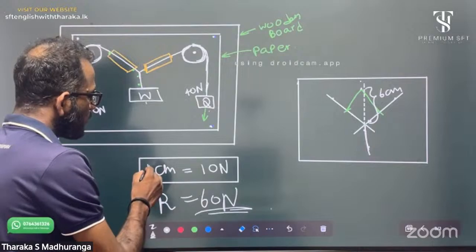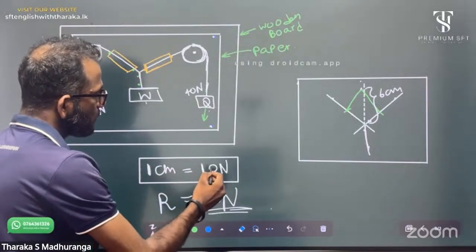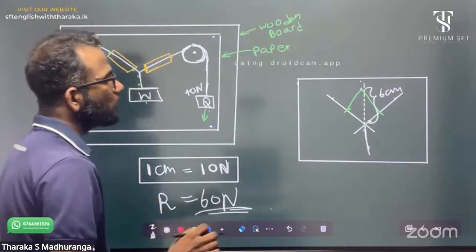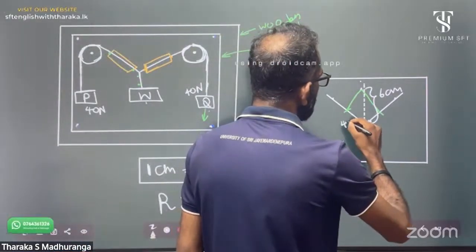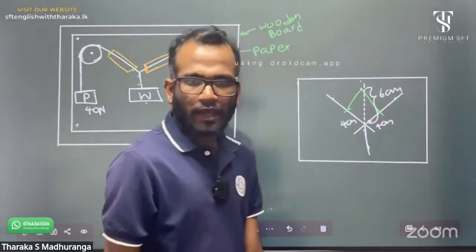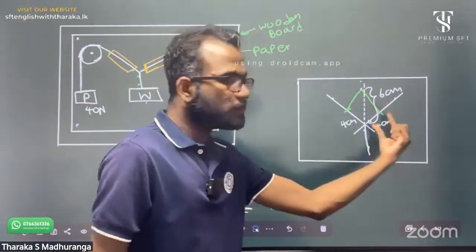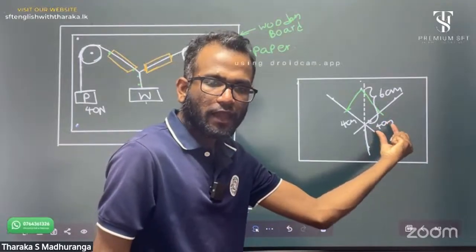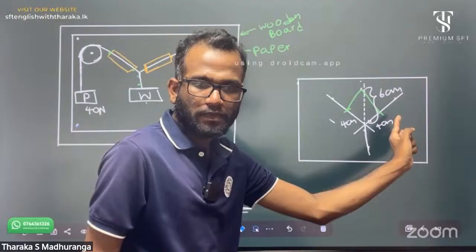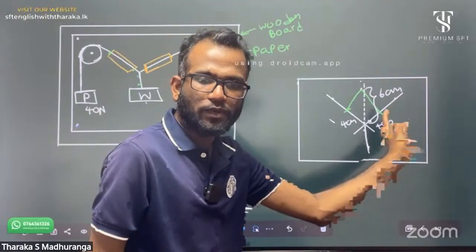Think I select 1 centimeter represents 10 Newton. Then to show the 40 Newton, I take 4 centimeter. Right? 4 centimeter part. And complete as a parallelogram. You can use a compass to complete it.